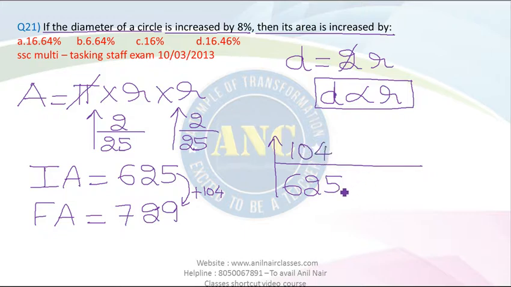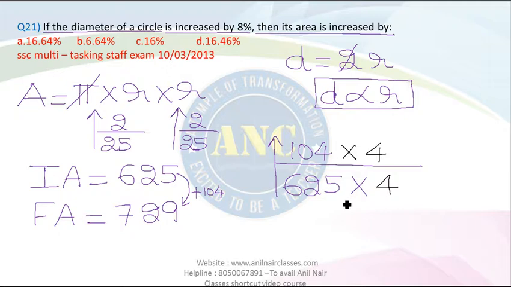But I want the denominator to have two zeros at the end so that I can convert that as percentage symbol. That means 25 into 4 is 100. 625 into 4 is 2500, right? That means here also multiply by 4.